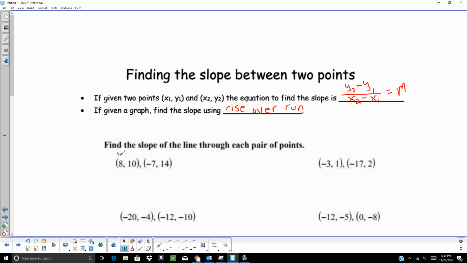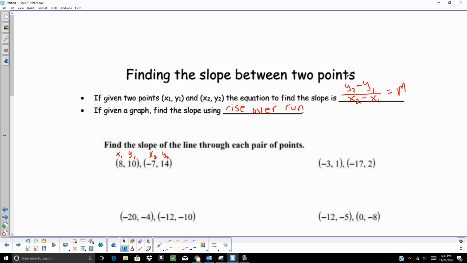If you're a visual person, you might want to label x sub 1, y sub 1, x sub 2, y sub 2. That's just giving values to my ordered pairs. So my x sub 1 is 8 because it's listed over the 8. My y sub 1 is 10 because it's listed over the 10. My x sub 2 is negative 7 because it's listed over that. And my y sub 2 is 14.